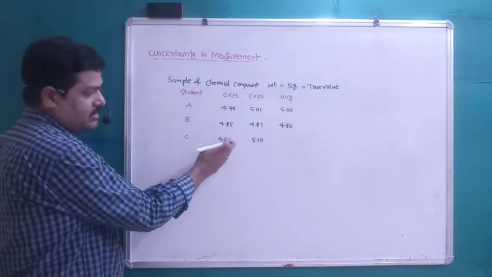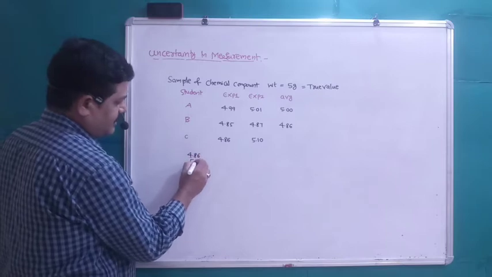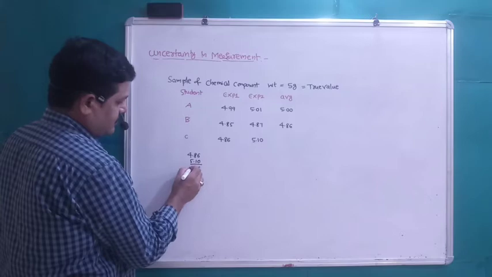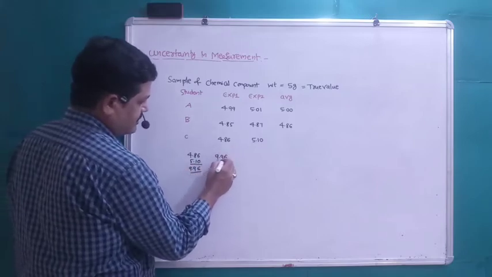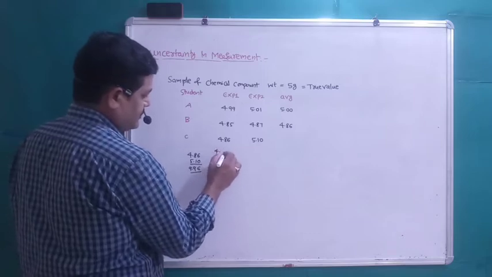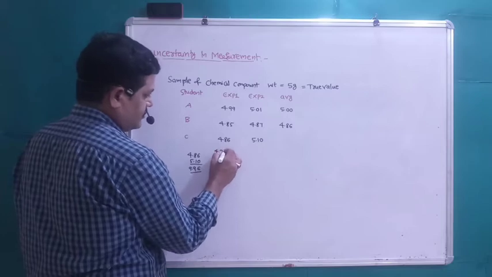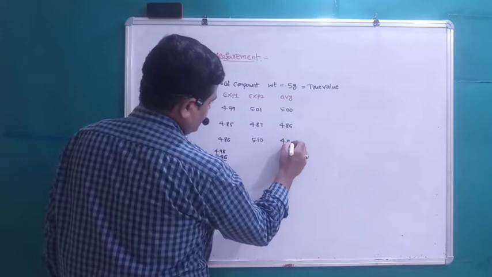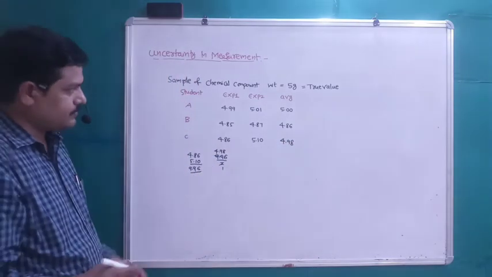Let us find the average: 4.86 plus 5.10 is 9.96, divided by 2 gives 4.98, the average for C.